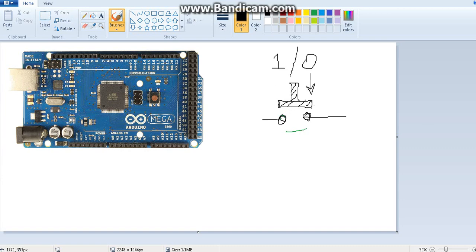When you press it, it will go down, and when this part comes down, a connection will be created between these two terminals. Do you understand what I'm telling? Then the connection will be completed. Now I'm going to complete the circuit like this.